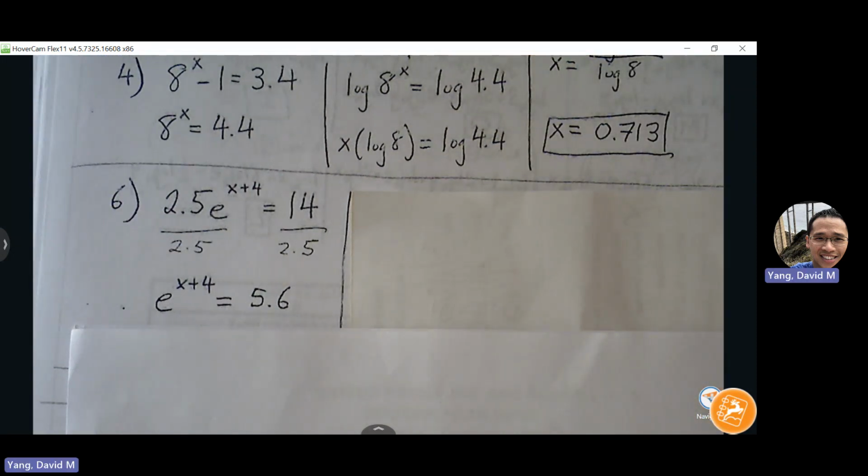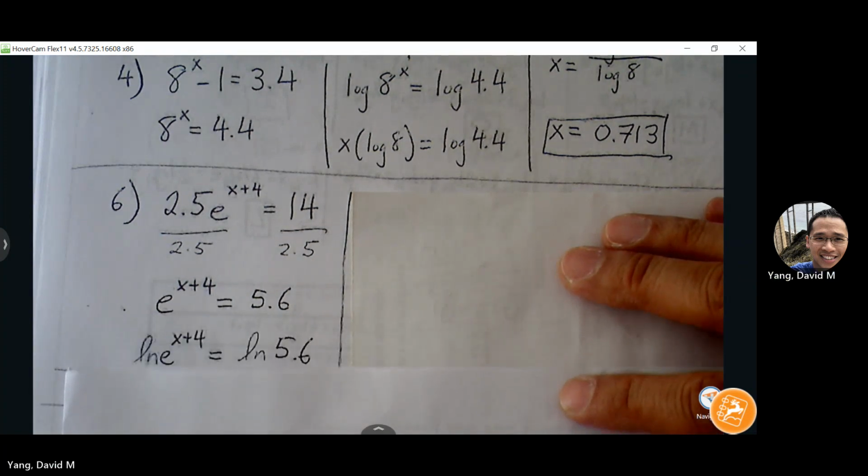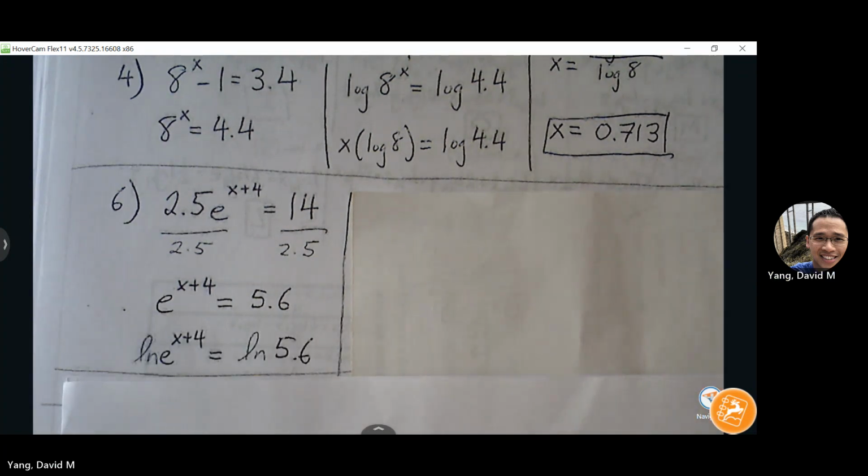I can bring in log. Whenever I see e, I like to use natural log because natural log and e have a way of reducing a little bit cleaner. But I mean, log is fine as well. You can work log in, just more buttons to press, but it's not any harder. Bring the whole x plus 4 down in front.